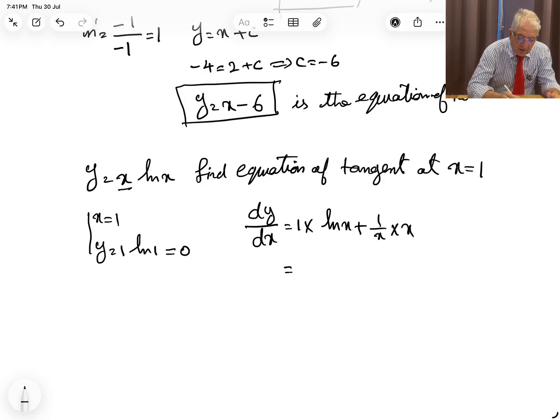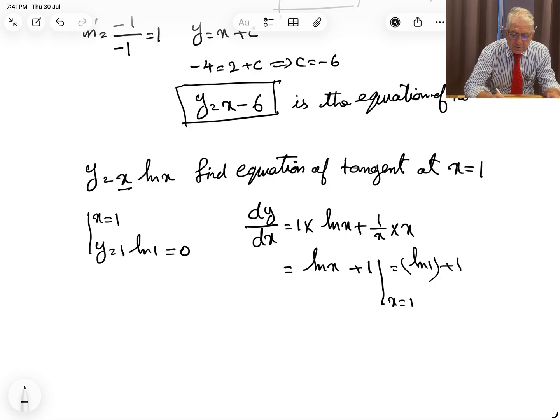After simplification, I get ln x plus 1. At x equal to 1, I get ln 1 plus 1. ln of 1 is 0, therefore the answer is 1. Therefore, m is equal to 1.